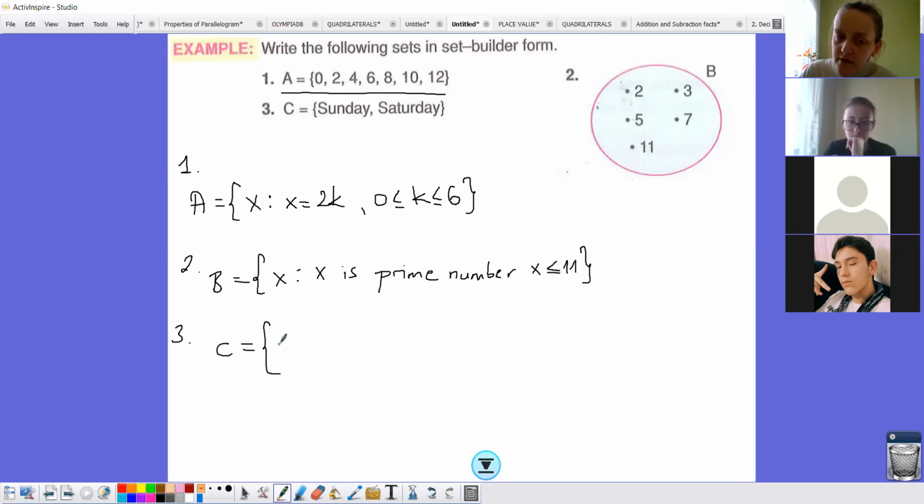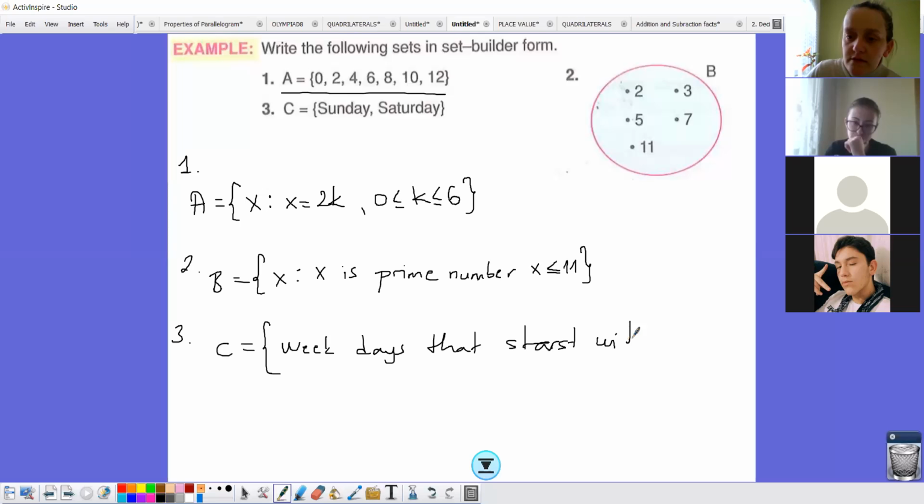So you can write weekdays that start with the letter S as one way to write it. Also like this, writing the rule inside of the braces, it can be set builder form. Okay, did we understand? Yes.